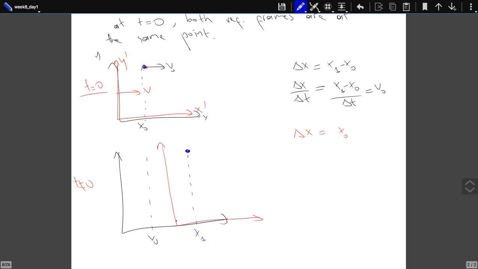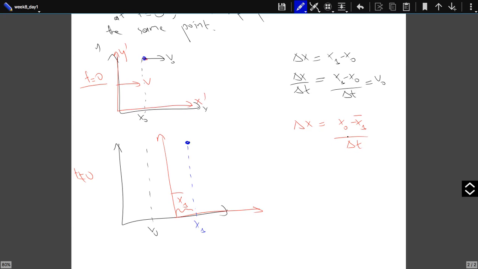And then let's say this distance is x1 bar. Now, this is the change in its position. So its velocity, let me put it v bar, is x0 minus x1 bar divided by delta t.